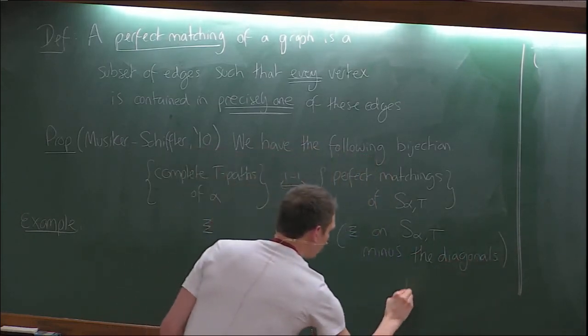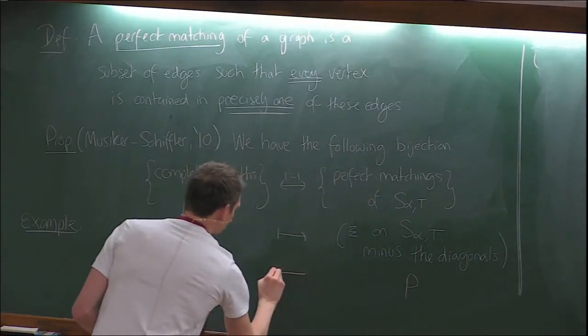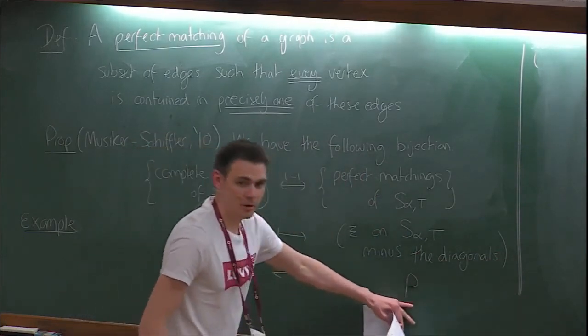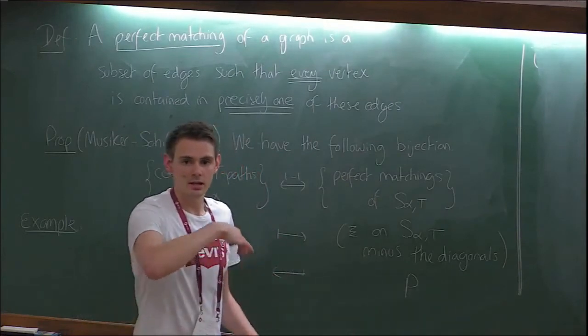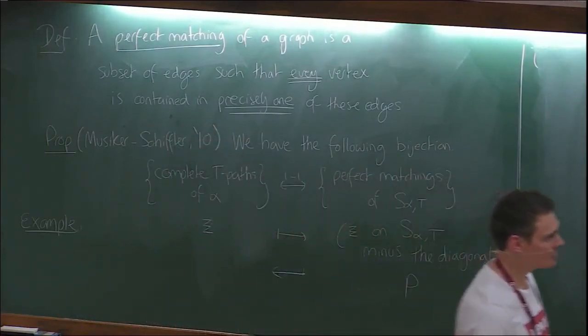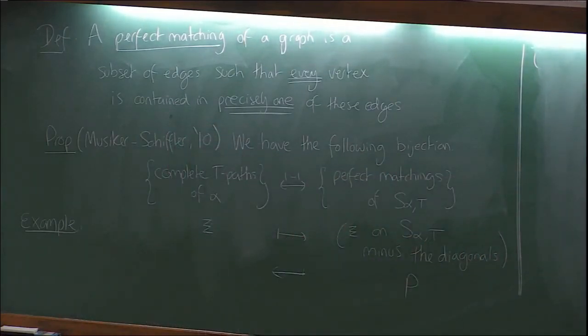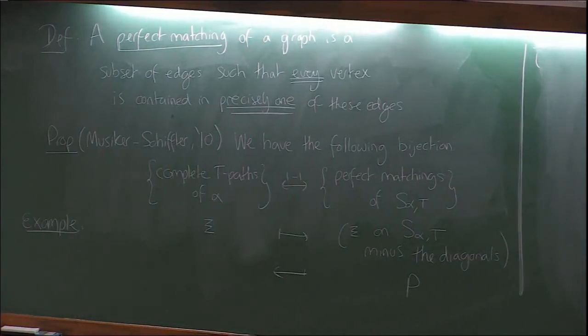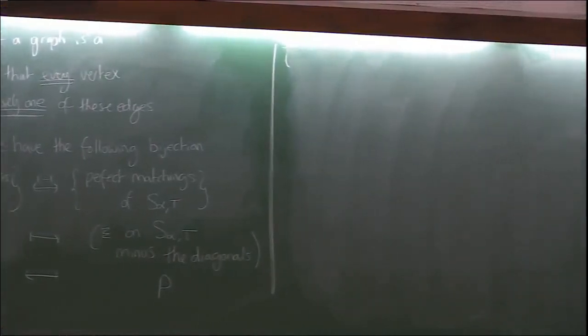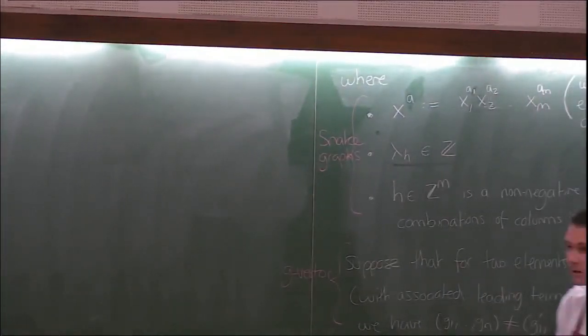And going the other way, if you were to start with a perfect matching, you would add in the diagonals. Then you would start at this bottom corner to get a path. And then you draw that path on your surface, and this is a complete t-path.